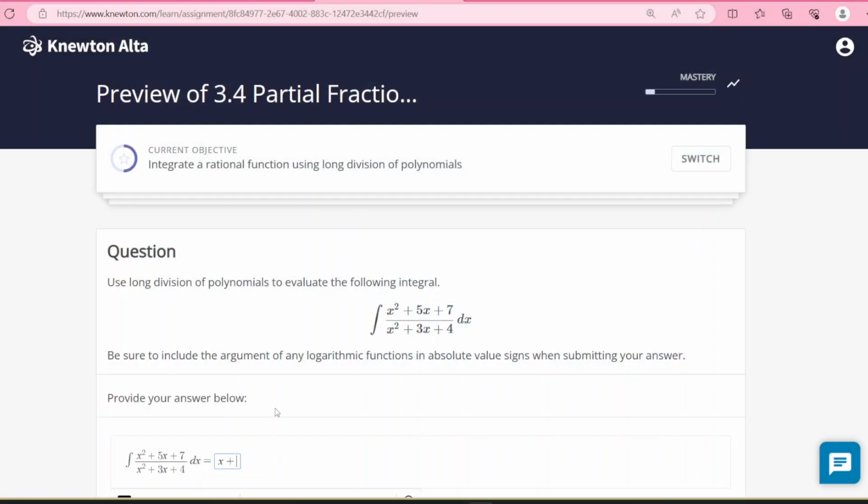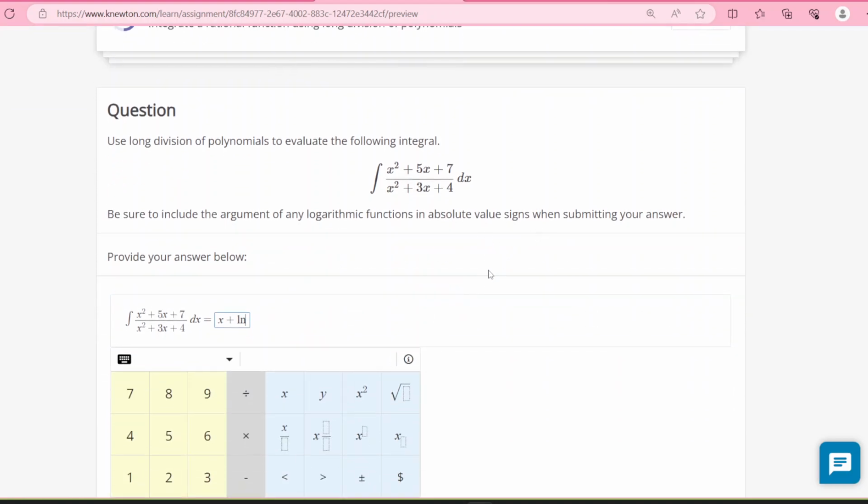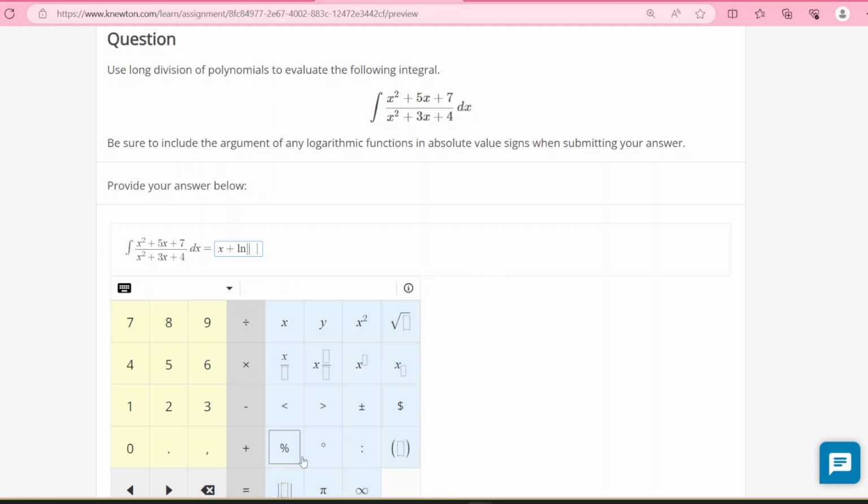So x plus natural log. And again, they want us to have arguments of logarithms to have absolute value signs when submitting. So natural log of the absolute value of x squared plus 3x plus 4. And after that, right, plus any constant z.